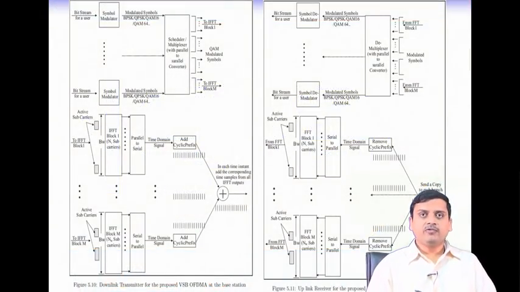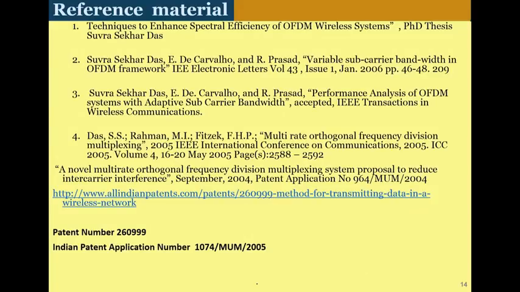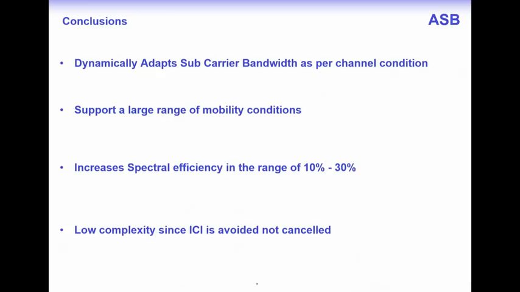In this figure we have given a detailed block diagram of how the transmitter and receiver would look like. So, this one is the BS or the downlink transmitter. Here we have the uplink receiver structure. So, all these details have been proposed and you can find them in the different material. In this we have verified that the spectral efficiency improvement from 10 to 30% can be had.